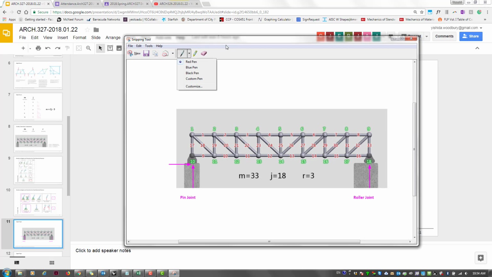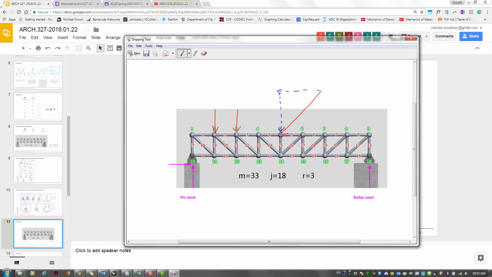Typically you load the truss at all these joints, and typically there are vertical forces, but let's say there was a diagonal applied load here, then that's going to have a horizontal component and a vertical component.